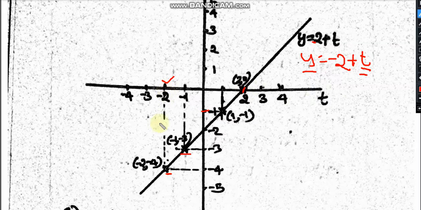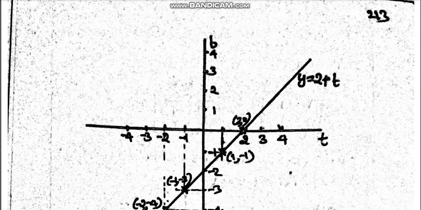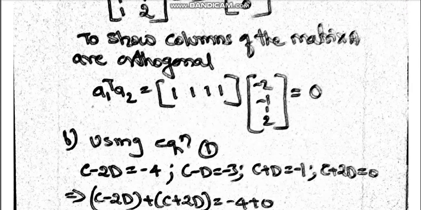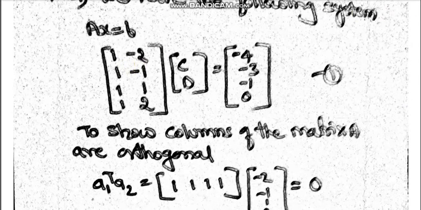So you are getting minus 4, minus 3, minus 1 and 0. These are the values of the b column. You can check this against the second column of matrix A, t equals minus 2 giving minus 4, minus 1 giving minus 3.